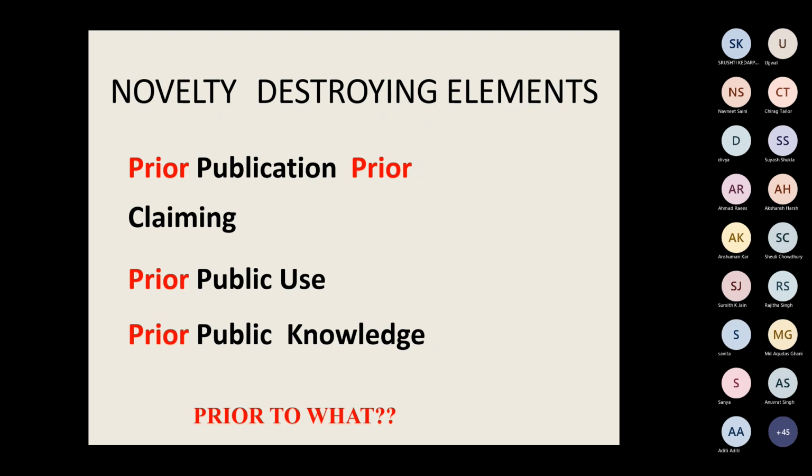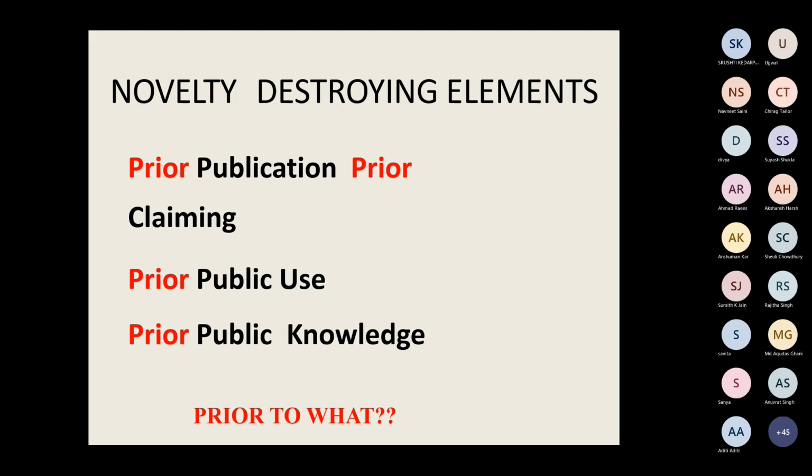So now, coming to these novelty destroying elements, it is saying prior claiming. Prior claiming means no one else should have claimed that portion that you are claiming right now, before the date of your filing. So this is prior claiming. Then is prior public use. We have already discussed that it should not have been used in public before.